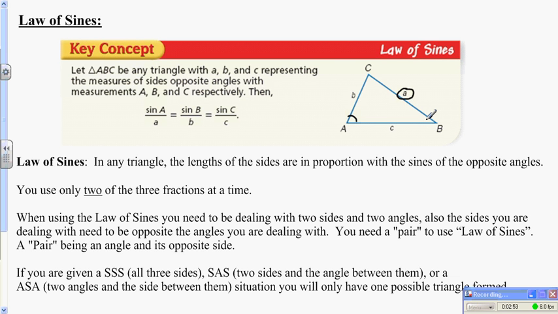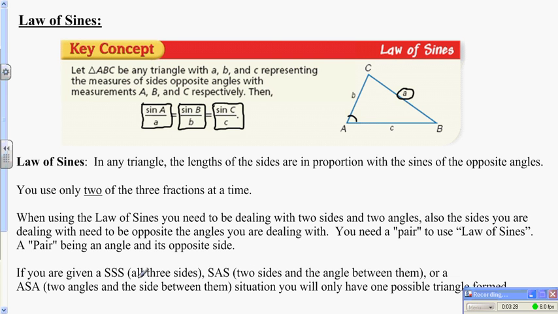And what this tells us is that if you take the sine of the angle A over the side opposite it, that ratio will be the same for any of the other pairs. When I say a pair, I mean the sine of an angle over its opposite side.